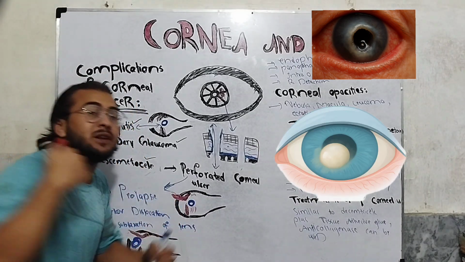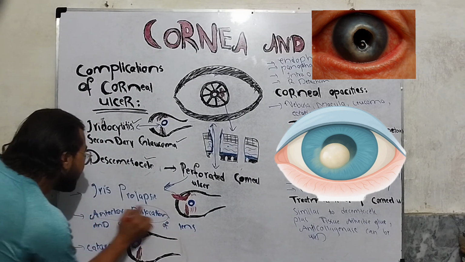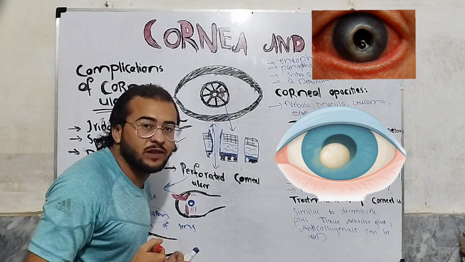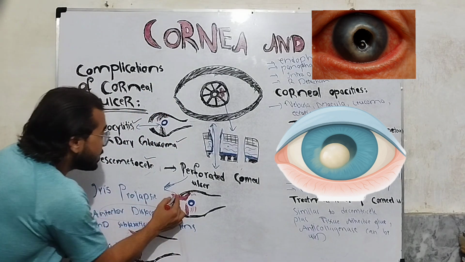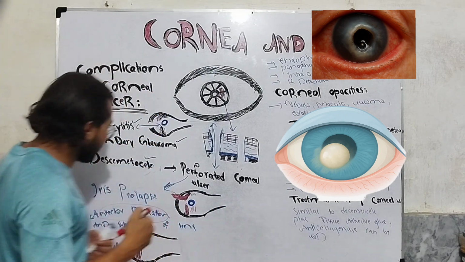If the lens is completely dislocated, it is called anterior dislocation, and if it is partially dislocated, it is called subluxation of the lens. So the lens can be dislocated into the anterior chamber due to the stretching and rupturing of the zonules.